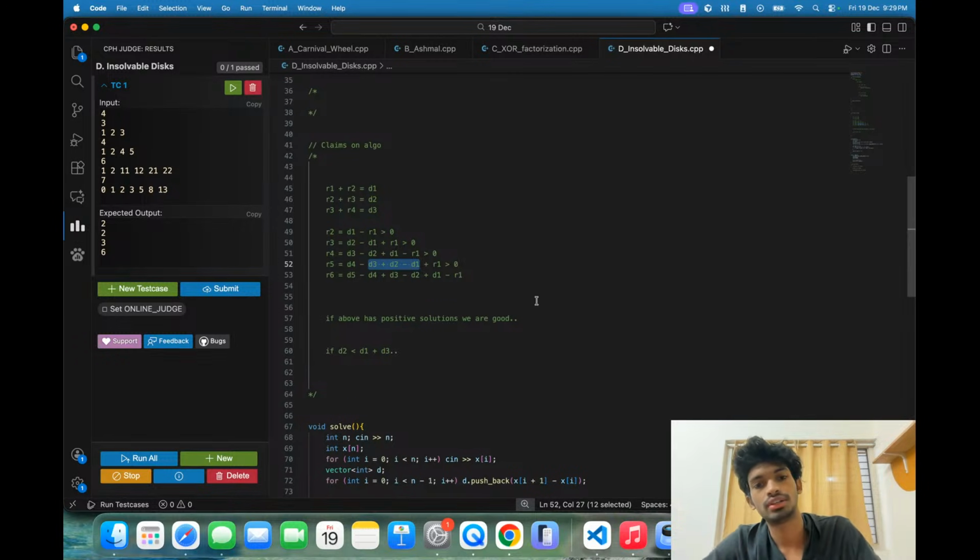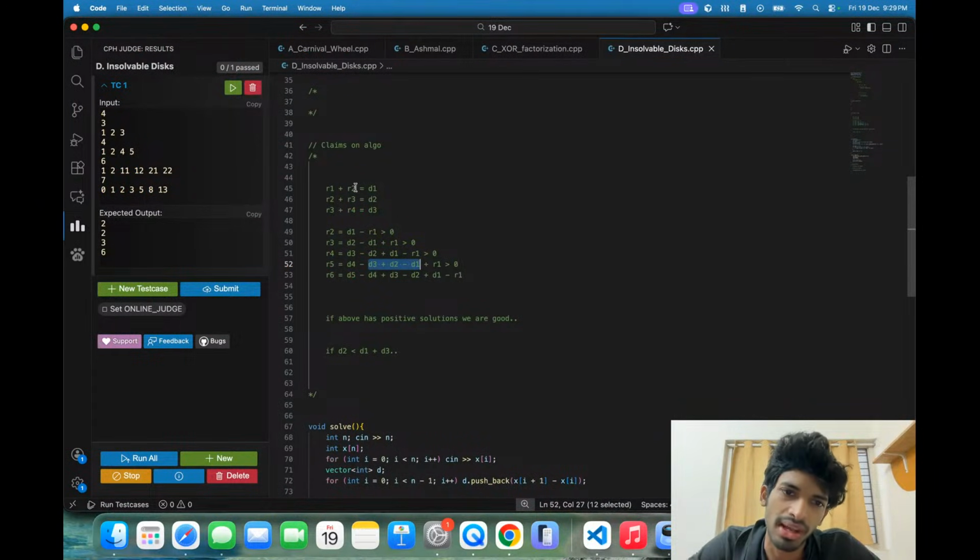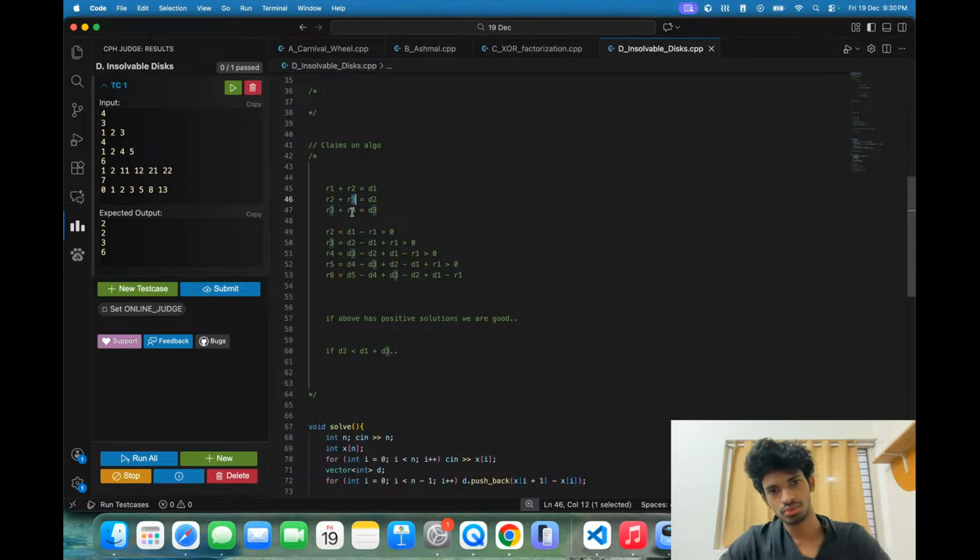It's not happening. Can I just do something greedy here? If a solution exists where you do minus one here and you do minus one here, you do plus one here. Okay, you do plus one, minus one, plus one, plus one, minus one, you do plus one here, you do minus one here.